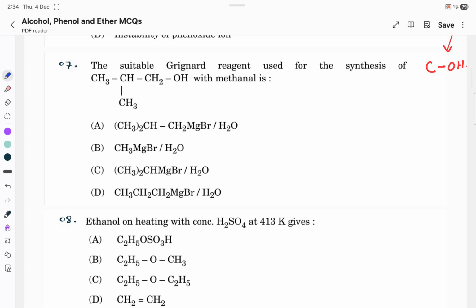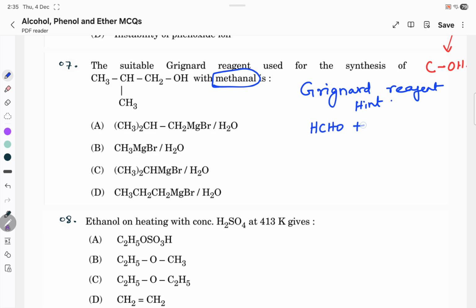Next question. Suitable Grignard reagent used for the synthesis of this with methanol. For Grignard's reagent, you have to remember these hints. The first hint is, if you take methanol with Grignard's, CH3MgBr, you will get primary alcohol.